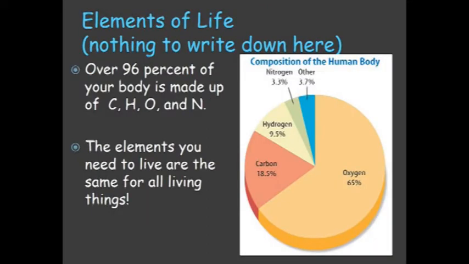Now this is a nice little breakdown for you. The elements of life. We have 96% of our body coming from carbon, hydrogen, oxygen, and nitrogen. Okay? And if you look, the most abundant element, 65%, is oxygen. Maybe that's why it's doubled up in ponchos. Maybe there's a cool little thing there you can remember with ponchos: that oxygen is the most, so that's why it's in there twice.